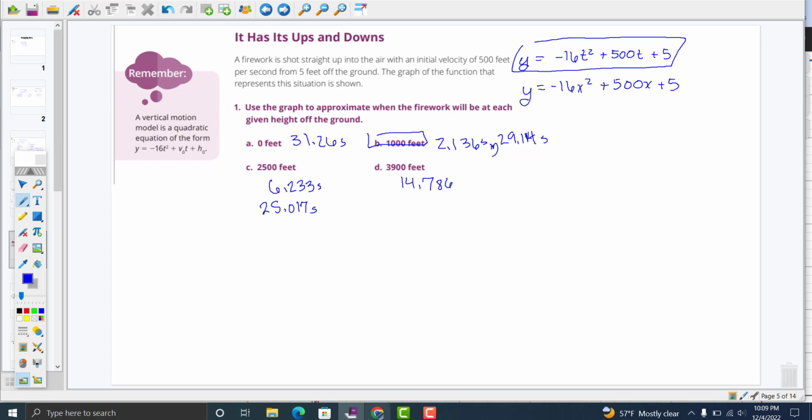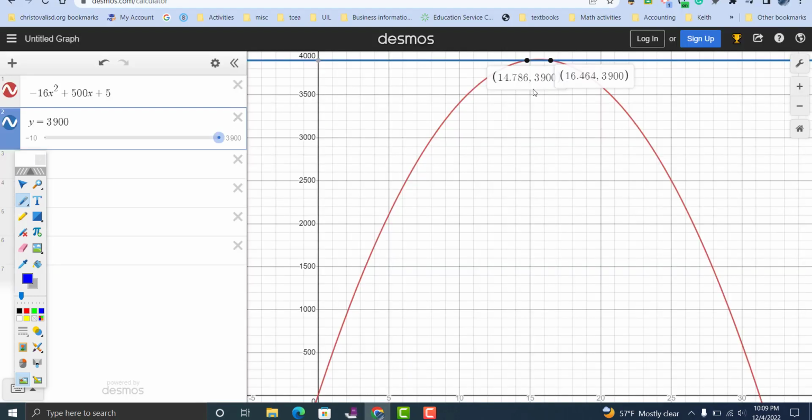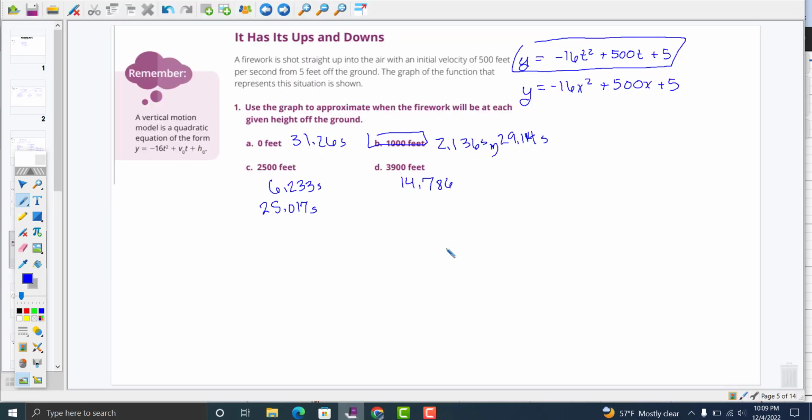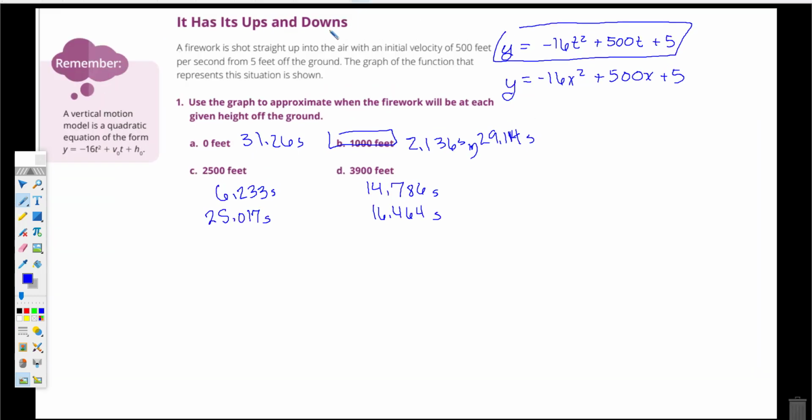And then the other point was 16.464. So this is the time it would take before it's at each of those heights. And it's going to be there twice because you have it when you're going up and when you're going down.